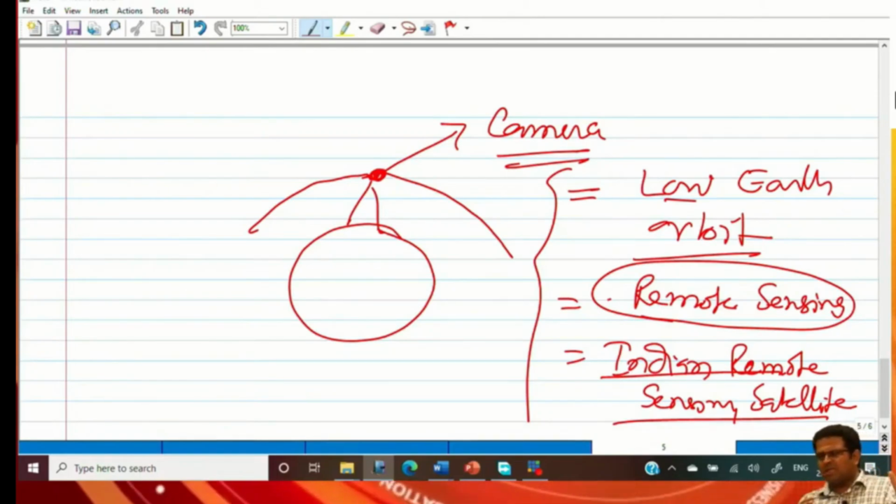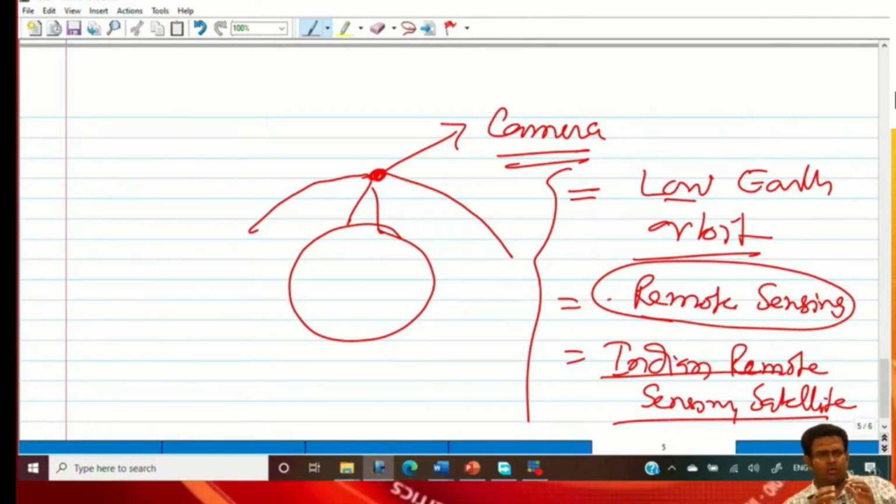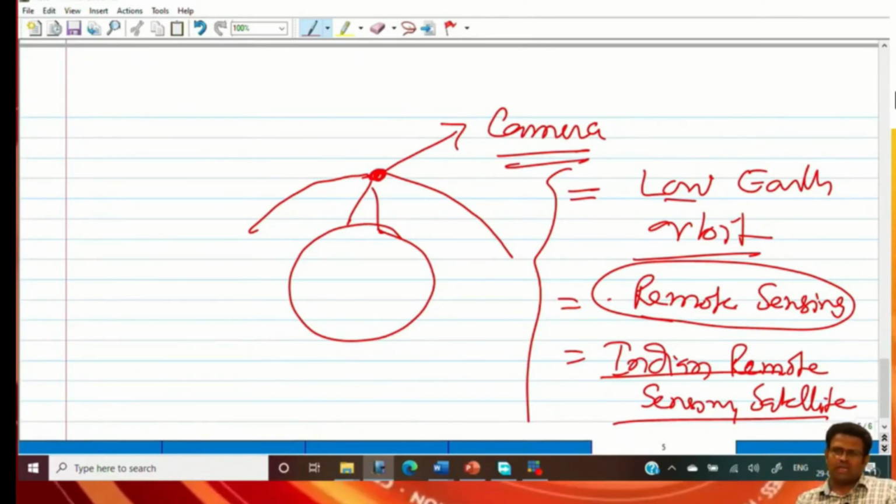Which satellite, in which earth orbit? I have said earlier, the Indian Remote Sensing satellite, IRS. Those satellites which have a camera and take pictures are known as remote sensing satellites; from a remote area it is sensing.